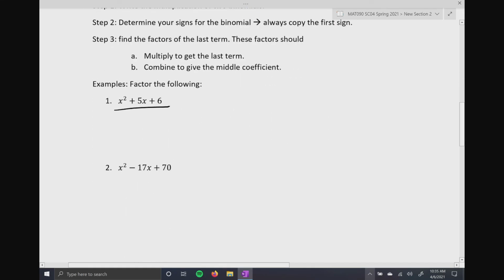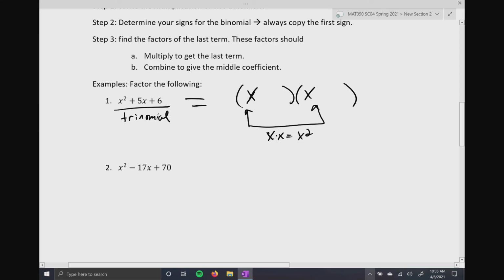Here, we have a trinomial. So I know its factored form has to be the multiplication of two binomials. I put an x and I put an x. Why? Because I know x times x equals x squared.